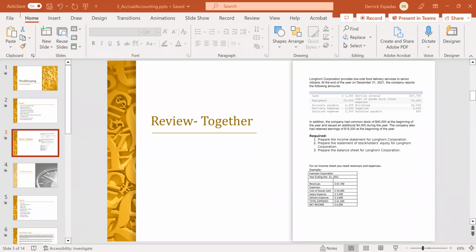All right, so let's start off. I know it starts off with the income statement. So we want income statement, balance sheet, stockholders' equity. I just like starting with the balance sheet, and that's just my preference. So let's just start looking at what goes where, which is really what we want to take a look at.